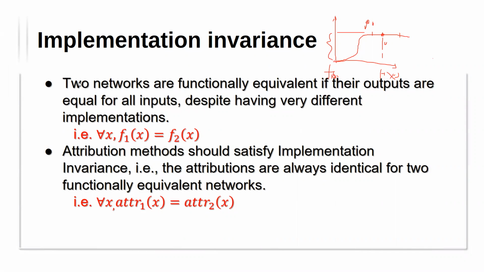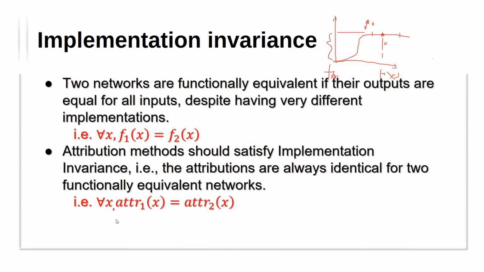The formal definition for implementation invariance is that an attribution method should satisfy implementation invariance, that is, the attributions are always identical for two functionally equivalent networks.